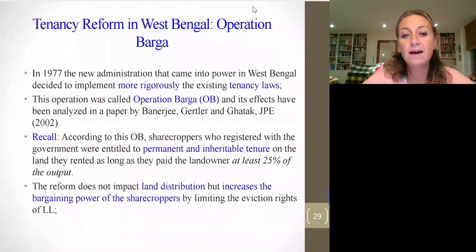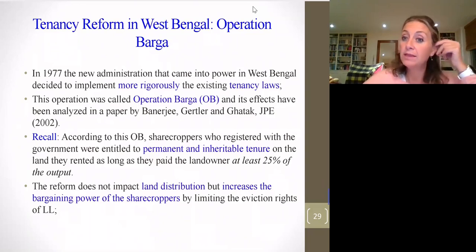So this operation of enforcing that law and making sure that all the tenants that could would register the land rights was called Operation Barga. And its effects have been analyzed in the paper that we have already seen so far.